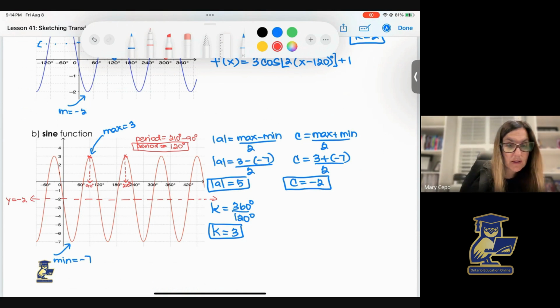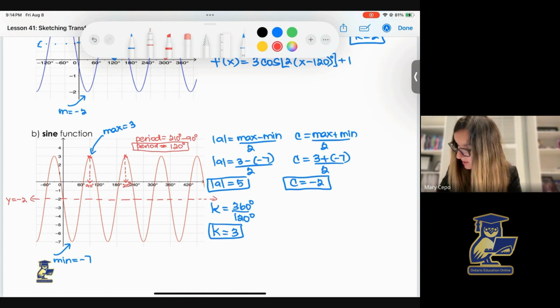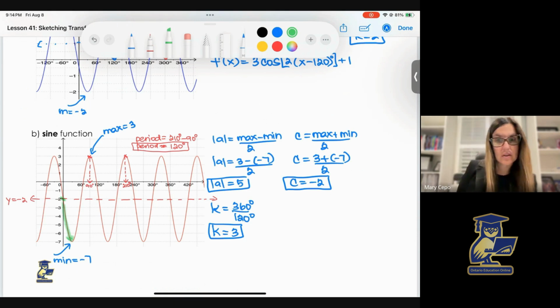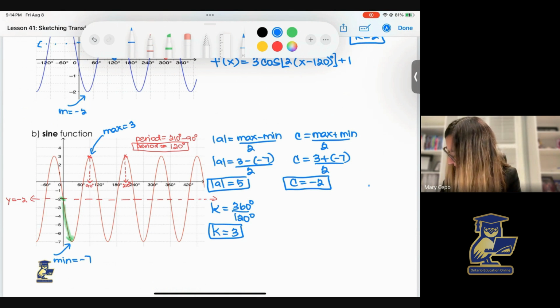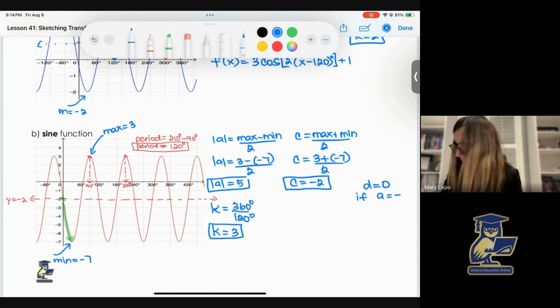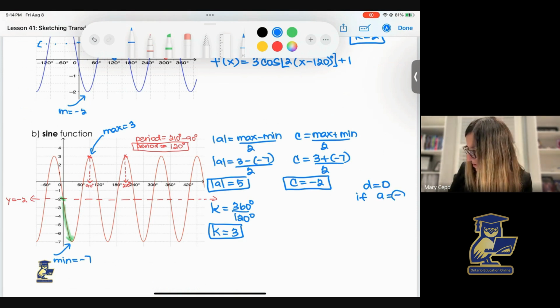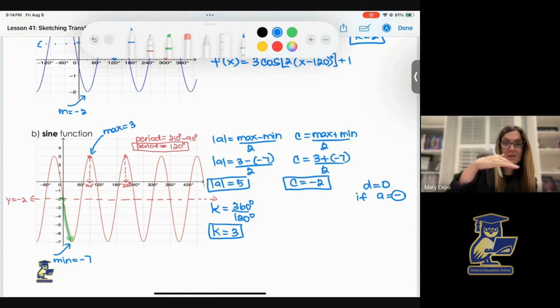When we're looking at that d value, in this case it's going to the negative side instead of the positive, which means there's been a reflection in the x-axis. So we can say d equals 0, and I'm going to give you 2 scenarios. D can equal 0 if a is equal to negative, because that means you're not moving it left to right. It's just instead of going up to its maximum, it's coming down to the minimum.